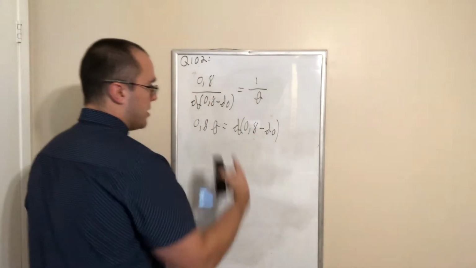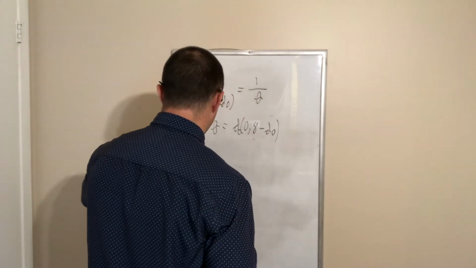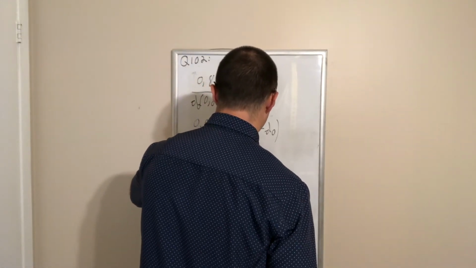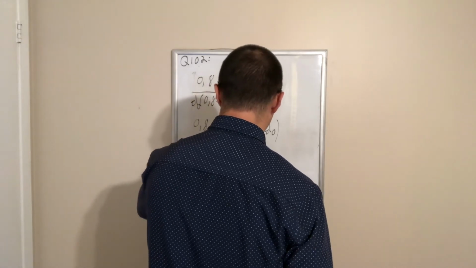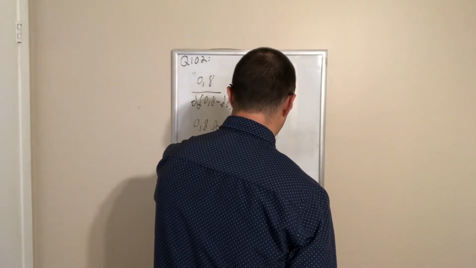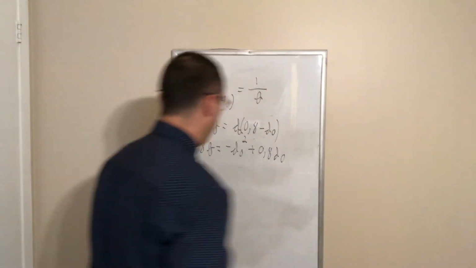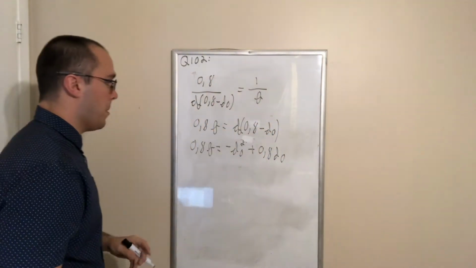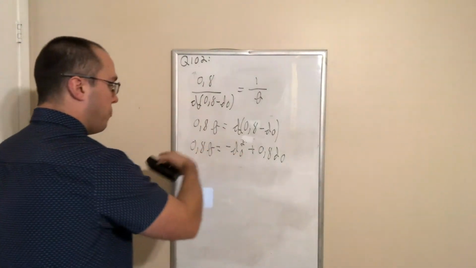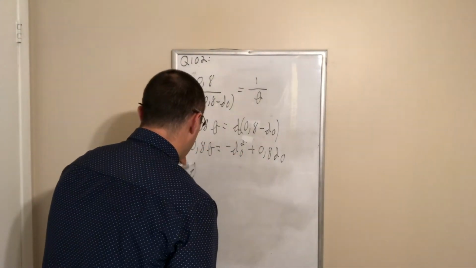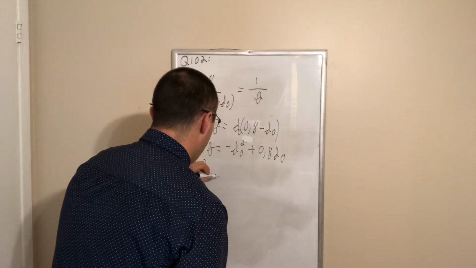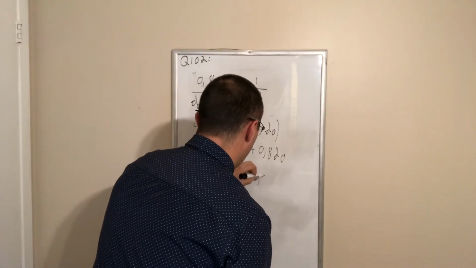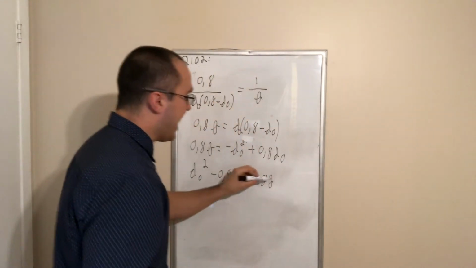We distribute the distance over here, so we get 0.8 f is equal to minus do square plus 0.8 do. Now just to make sure the square is on that term, we take these two terms and flip them to the other side. We get do square minus 0.8 do plus 0.8 f is equal to 0.